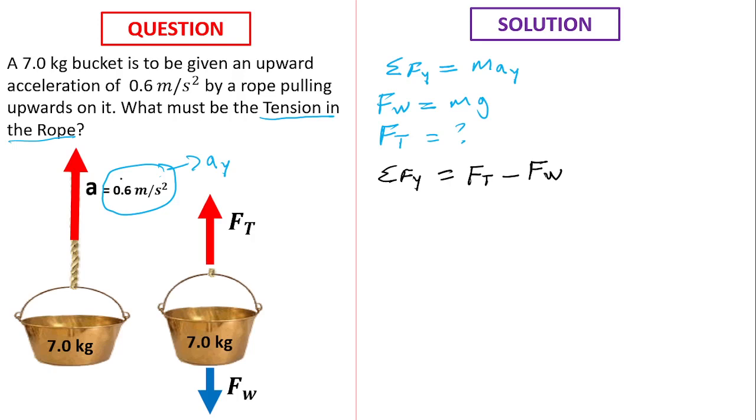So for this resultant force to be there, it's because the tension force was greater than the normal force, or sorry, the weight, and the difference between the weight and the tension gave out that acceleration.